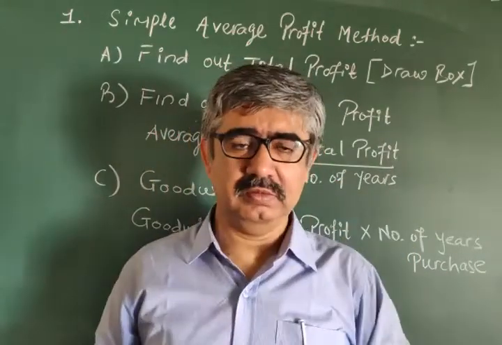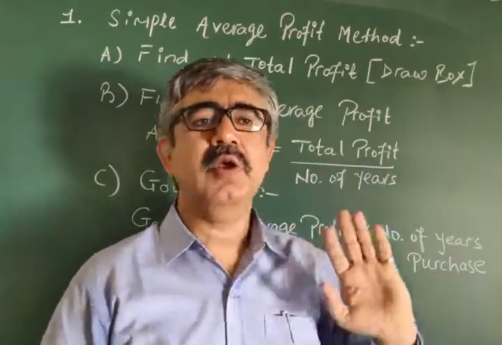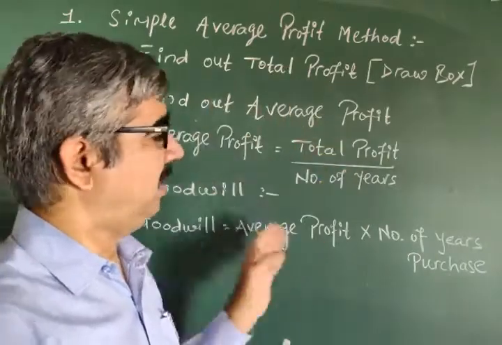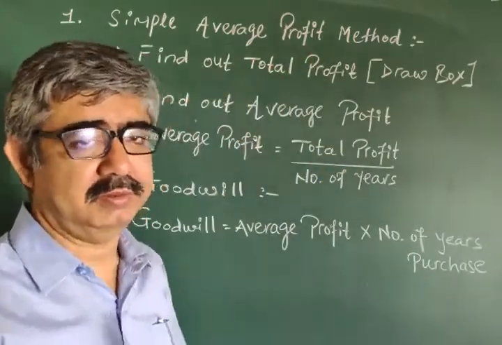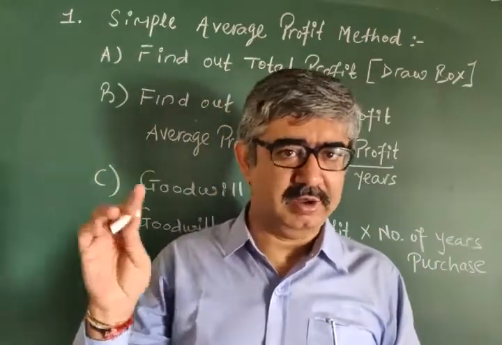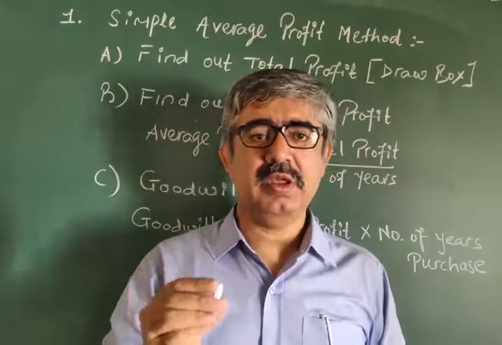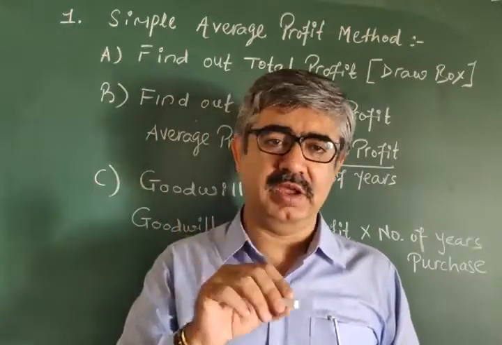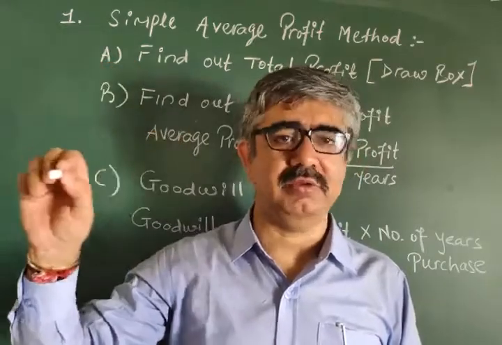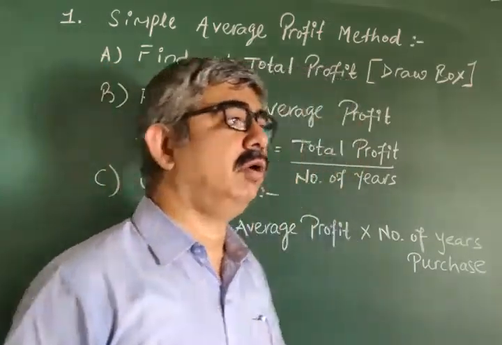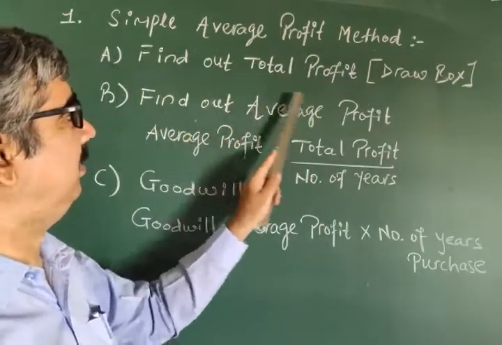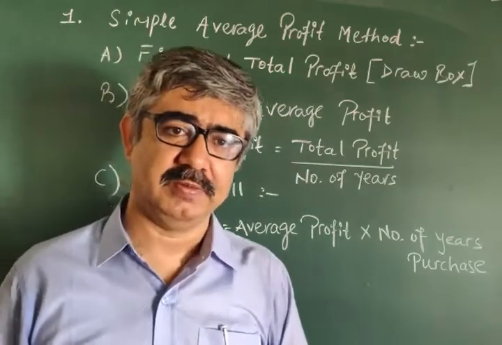Draw a box with year and profit. We'll do it within 5 minutes when we calculate this kind of practical question. Year 17-18, 18-19, 19-20. Profit 60,000, 40,000, 50,000. Overall total comes to 1,50,000. That is the answer of the first step, find the total profit.